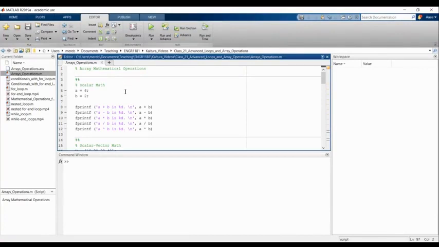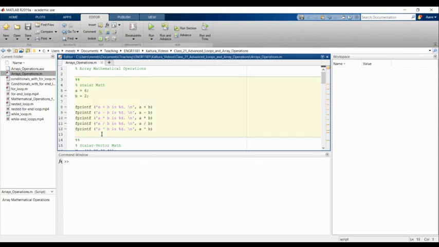Okay, so let's look at some examples here. The first one, we just see the mathematical operations when we have scalars, like single numbers, like a and b here, 6 and 2. So we could add them, subtract them, multiply them, divide, or exponent. So this is just a single operation.